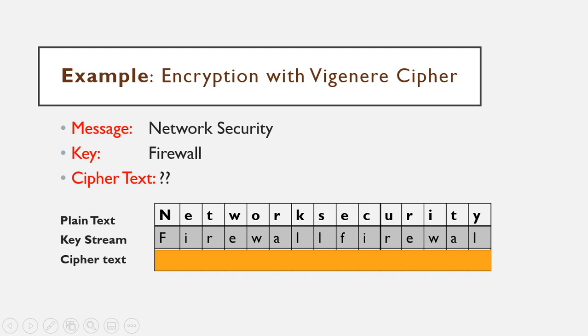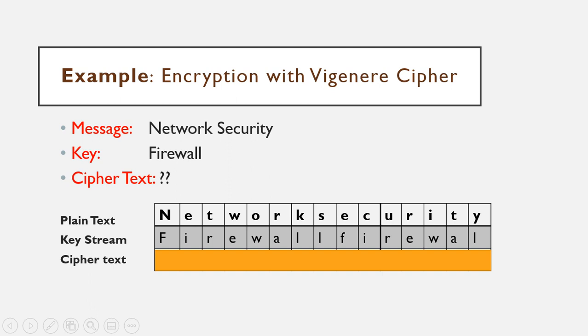Second thing, we have to generate a key stream. We are given a key, but we have to generate a key stream. So what is a key stream, or how is a key stream generated? Simply, for generating the key stream, repeat the keyword up to the length of the plain text, like firewall, this ends the key.